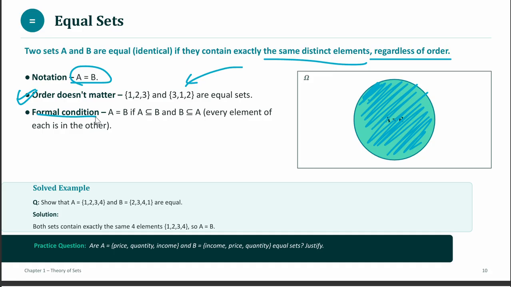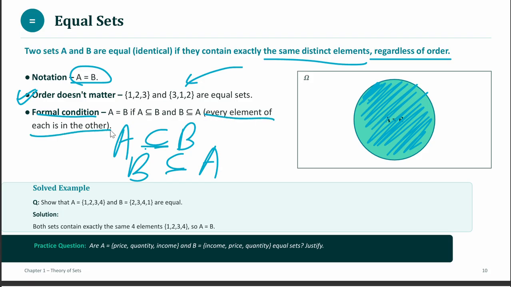Formal condition: A is equal to B if A is a subset of B and B is a subset of A. That is, every element of each is in the other. So this is the condition. Now, if you see the solved example right here, it says that A is equal to {1, 2, 3, 4} and B is equal to {2, 3, 4, 1}.